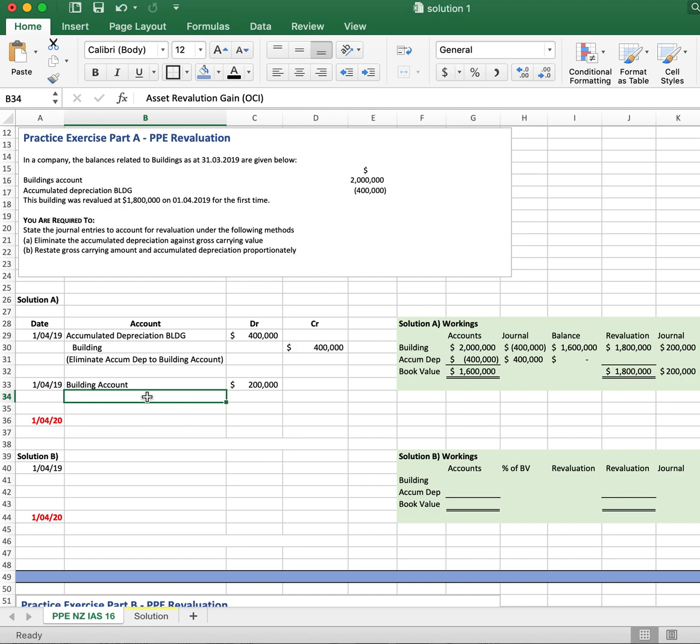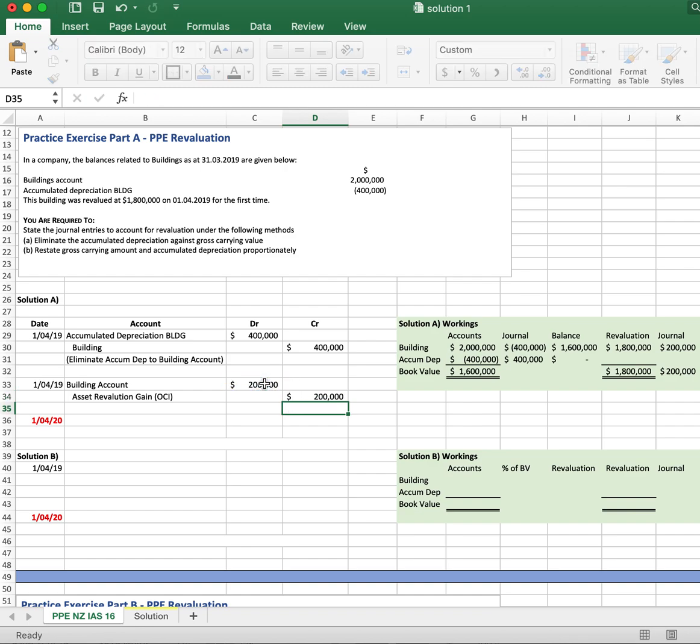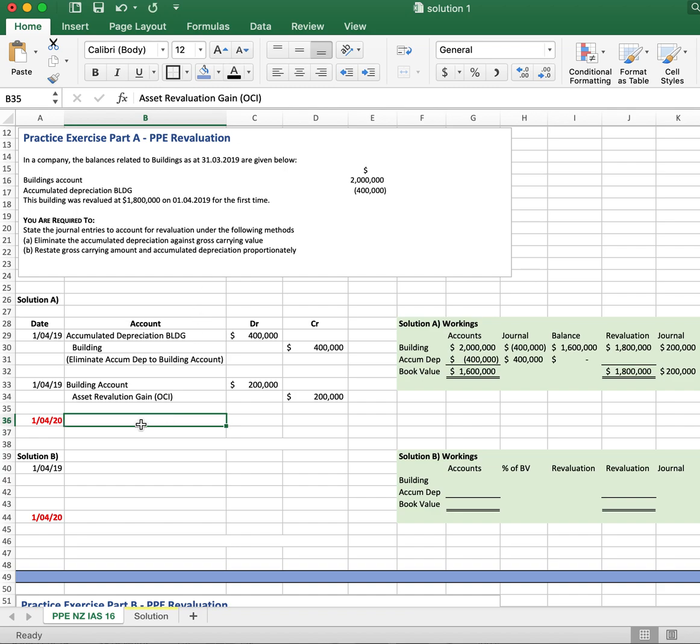So we're showing that as a gain, not up in the operating section, but down in the statement of comprehensive income. So asset revaluation gain in the OCI will be the 200,000. So that could be just about job done for that journal entry.